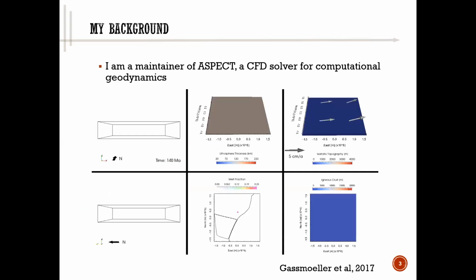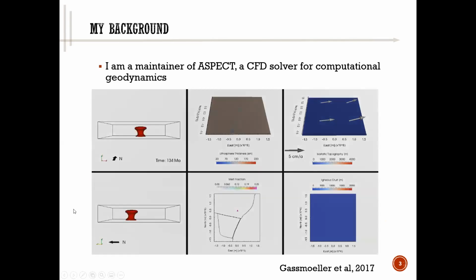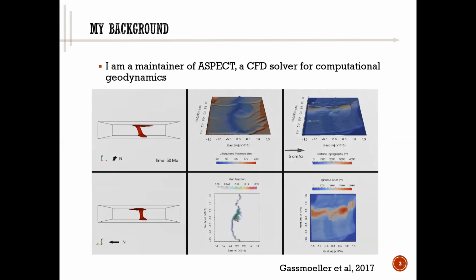First I want to give a bit of background about myself and my viewpoint on these questions. As John already said, I'm one of the maintainers of Aspect, a computational fluid dynamics solver for computational geodynamics, and the types of models that this software computes is something like this. For example, the interaction between a rising mantle plume and a mid-ocean ridge and the generation of new oceanic crust.